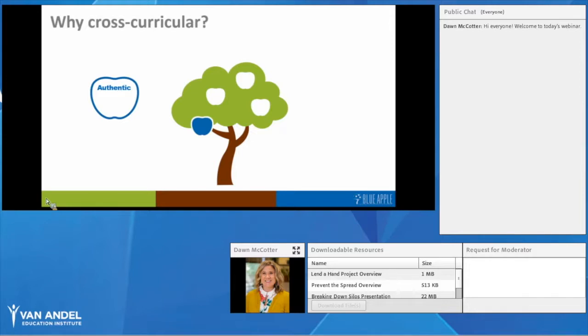Now I'm going to balance the checkbook, so I'm going to do math. Or I'm going to go to the grocery store, and I have a budget. I need to read ingredients. I need portions. So we're using our knowledge of different areas as a whole, and we're not separating those out. So cross-curricular instruction is a more authentic way of learning the content.